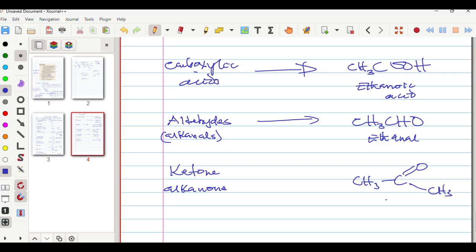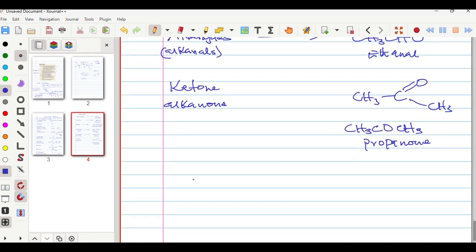If I want to write the structural formula, CH3COCH3. So we have 3 carbon atoms here, and then we know the functional group is one. So the name should be propanone, from the alkanone. Propanone. Prop because we have 3 carbon atoms.